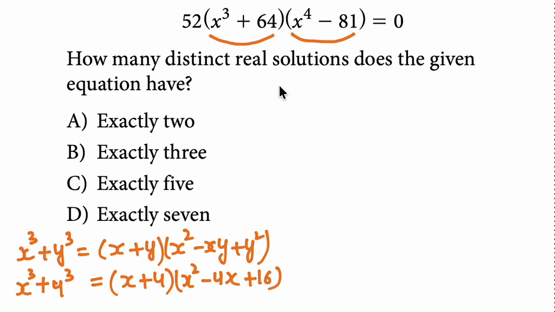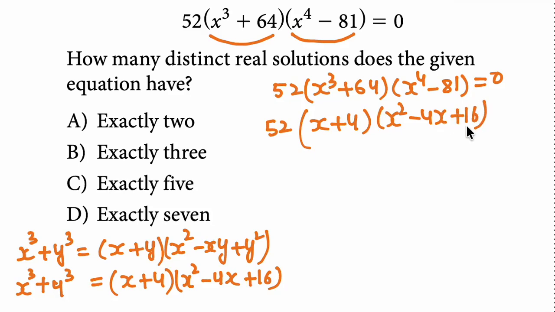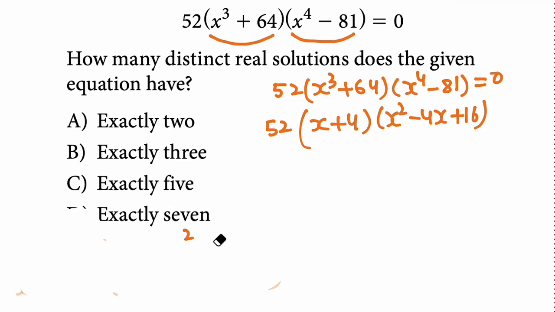Let's start doing here. So x cubed plus 64 times x to the power 4 minus 81 is equal to 0. First, let's write the factors of this, which are x plus 4, x squared minus 4x plus 16. Now we will factorize x to the power 4 minus 81.